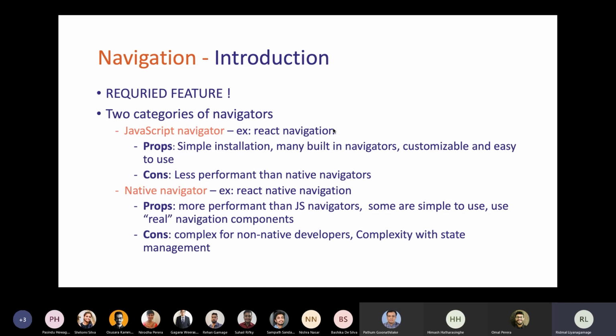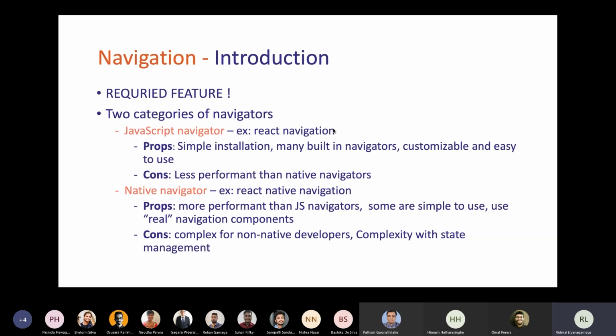When we consider React Native, there are two types of navigator. The first one is a JavaScript navigator, and the other one is a native navigator. The JavaScript navigator is completely managed and handled from the JavaScript side, so there is no native configuration needed to run this navigator.